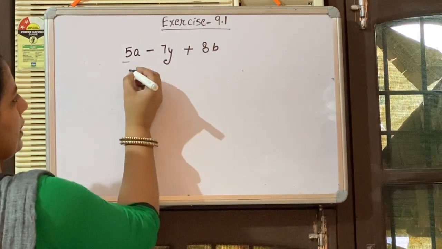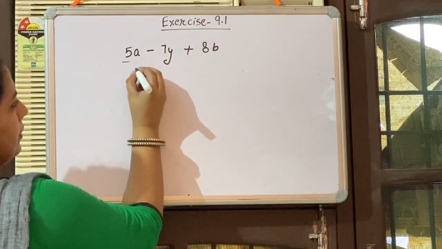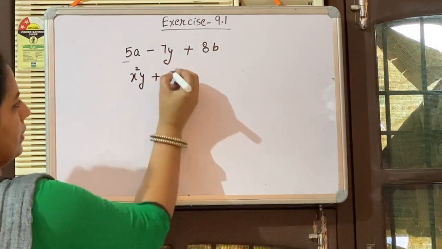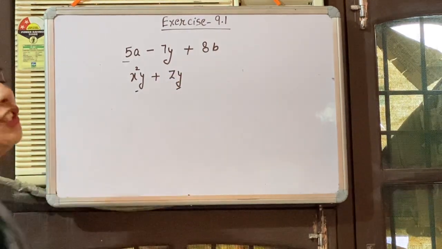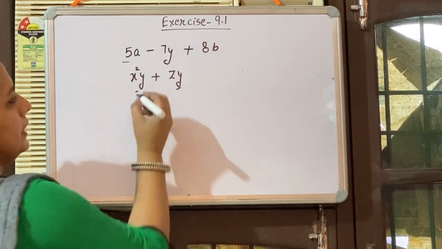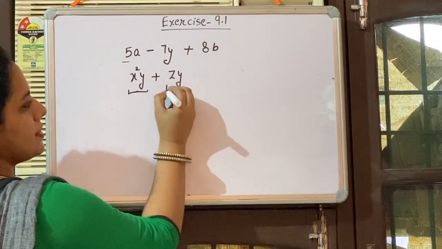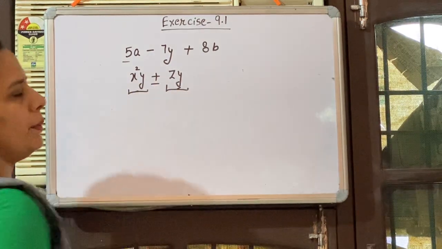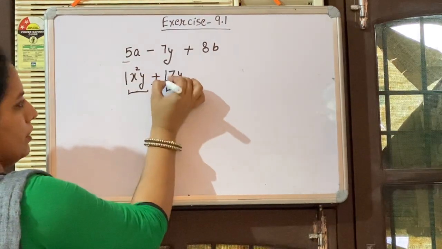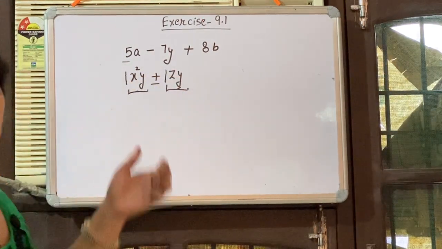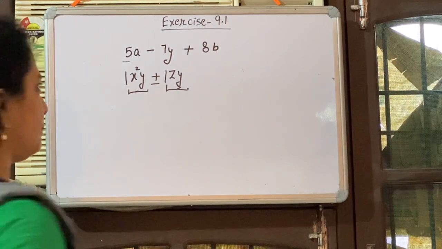Let's take one more example. This is an algebraic expression where this is the first term, this is second term, this is algebraic sign. Here 1 is the coefficient of both of the terms.